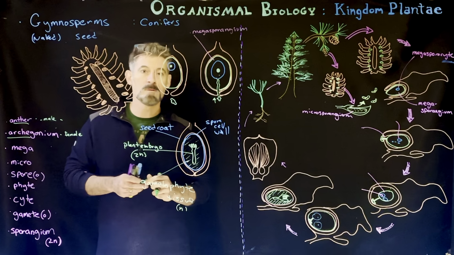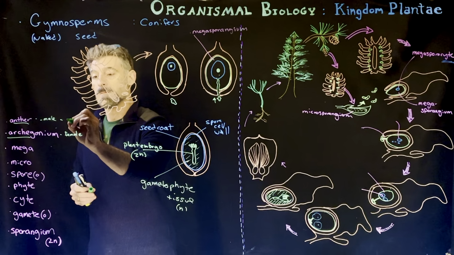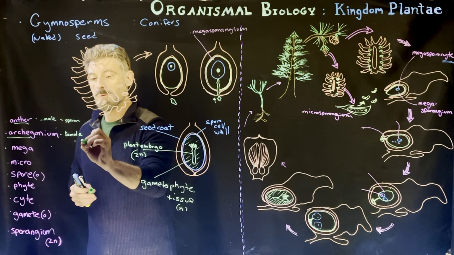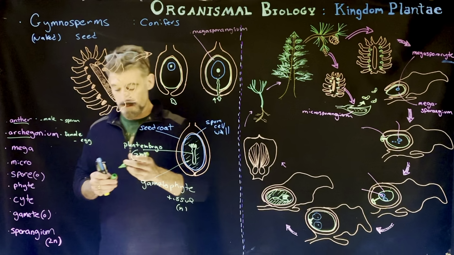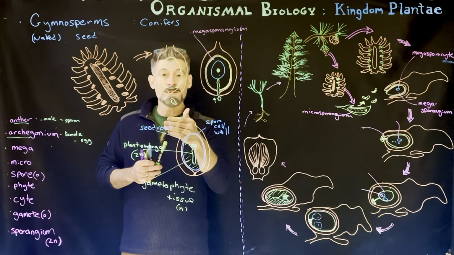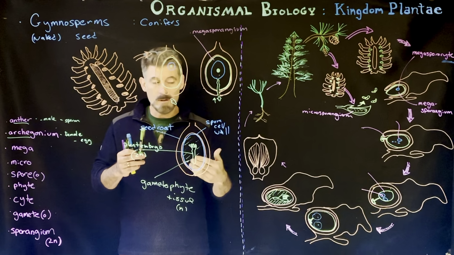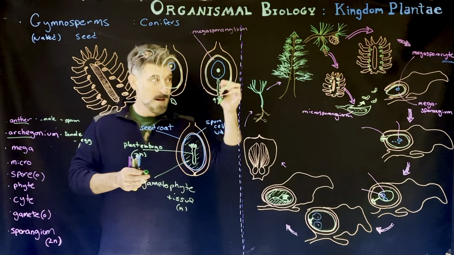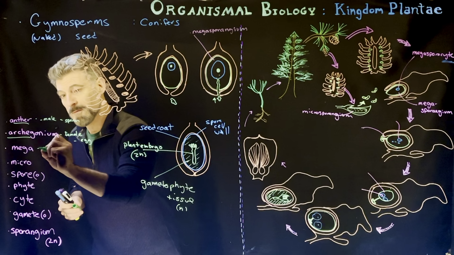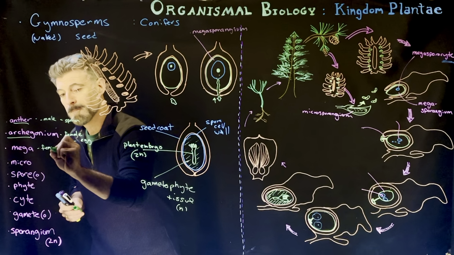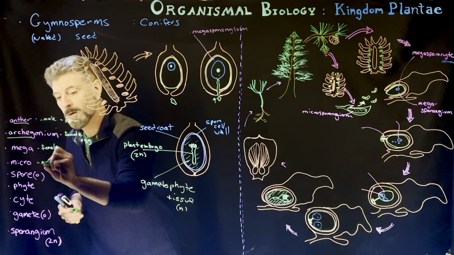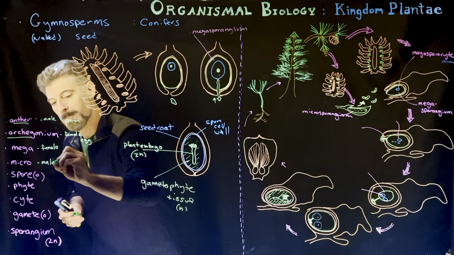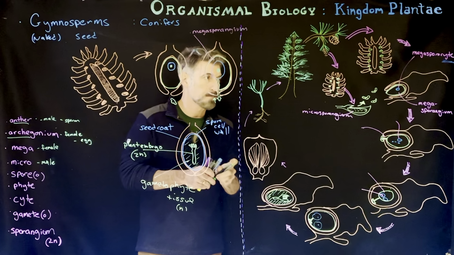So antheridium tissues would be making sperm, and archegonium tissues would be ones producing an egg, generally. We're also going to have terms like mega and micro, and usually that implies large and small, but in this case, mega is typically referring to the female, whereas micro will be referring to the male.